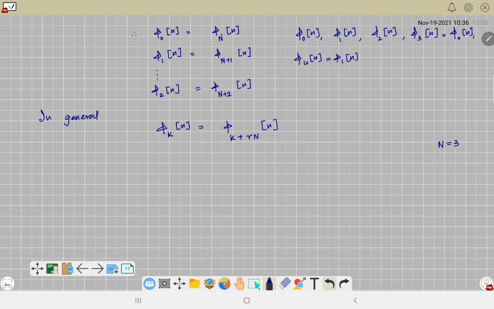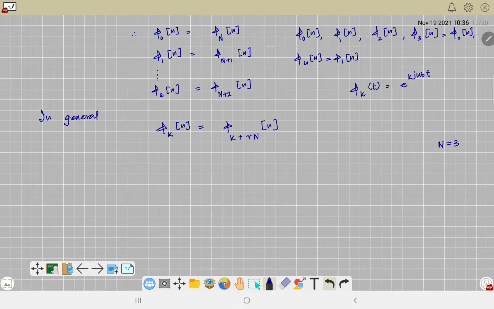Continuous time is different. If you had a continuous time representation, phi k t equal to e raised power j k omega naught t, for different values of k you could have, theoretically, infinitely many exponentials which were different.